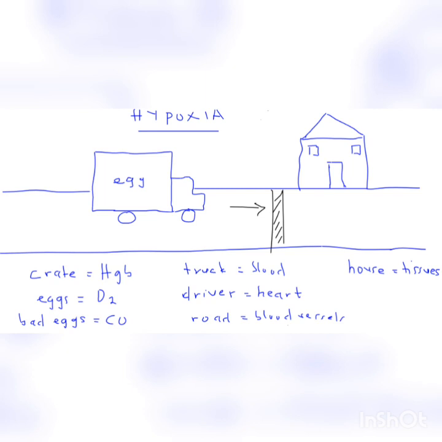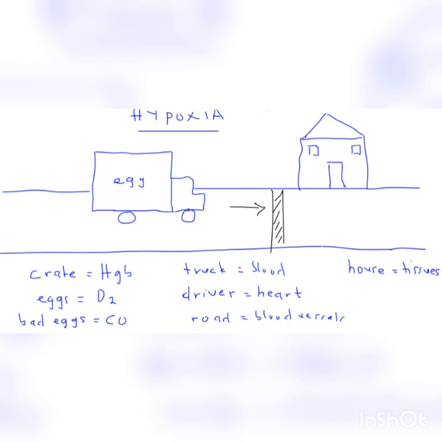If there are eggs, oxygen in the blood, but there are no crates to carry the oxygen, there is no hemoglobin to carry the oxygen, that will be anemic hypoxia. There may be oxygen and hemoglobin, but there isn't enough blood volume.